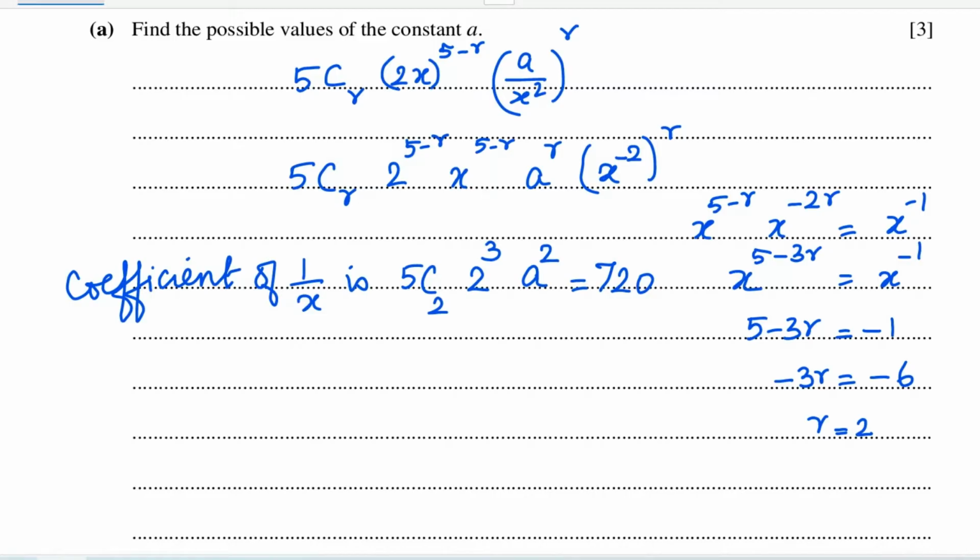5C2, which is 5 multiplied by 4 divided by 2, is 10. 10 multiplied by 2 cube multiplied by a square equals 720. So a square equals 720 divided by 10 multiplied by 2 cube, which is equal to 9.